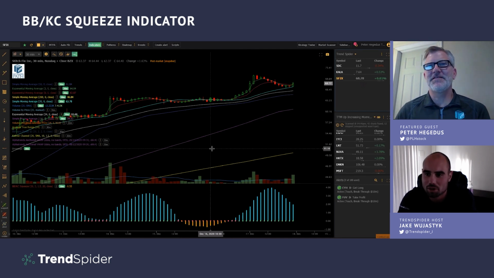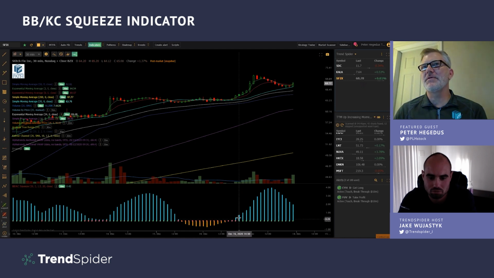So for us, it's taking then the squeeze in combination with the momentum bars. Okay. So on this particular example with Stitch Fix on the 30-minute chart, this is our absolute number one favorite setup when it comes to the TTM squeeze.